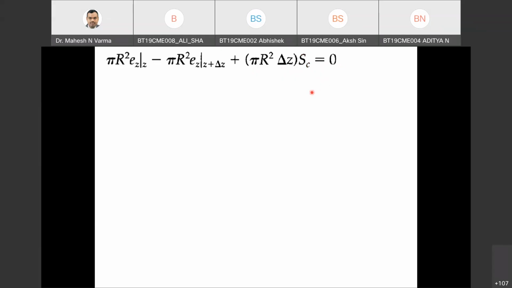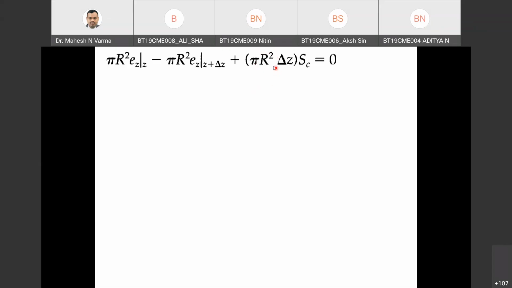Now, what is the next step? Nitin, roll number 9. We'll divide by pi R square delta Z, the differential volume. Very good. Here you can see this R is different from the r we take in the cylindrical coordinate system. There, variation of property was in the r direction only.